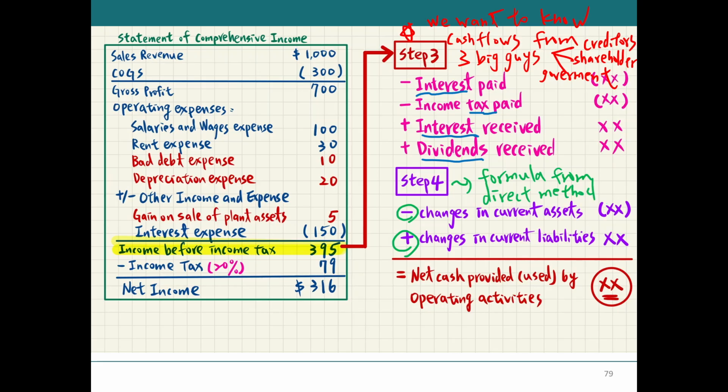Okay, any questions? So the formula you can find in your notes, page 17 to page 22, right? Any questions?